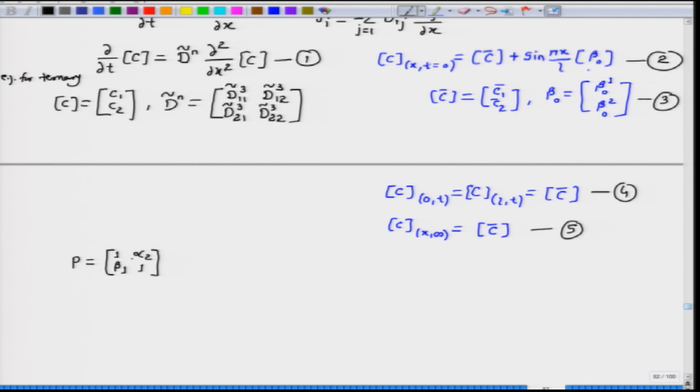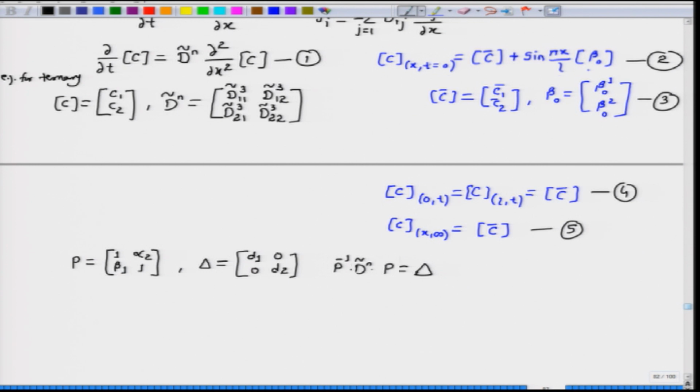And for simplicity we write the eigenvectors such that the diagonal elements are normalized to 1, and delta is a diagonal matrix of eigenvalues of d tilde, and we know that P inverse times d tilde times P gives us the matrix delta.